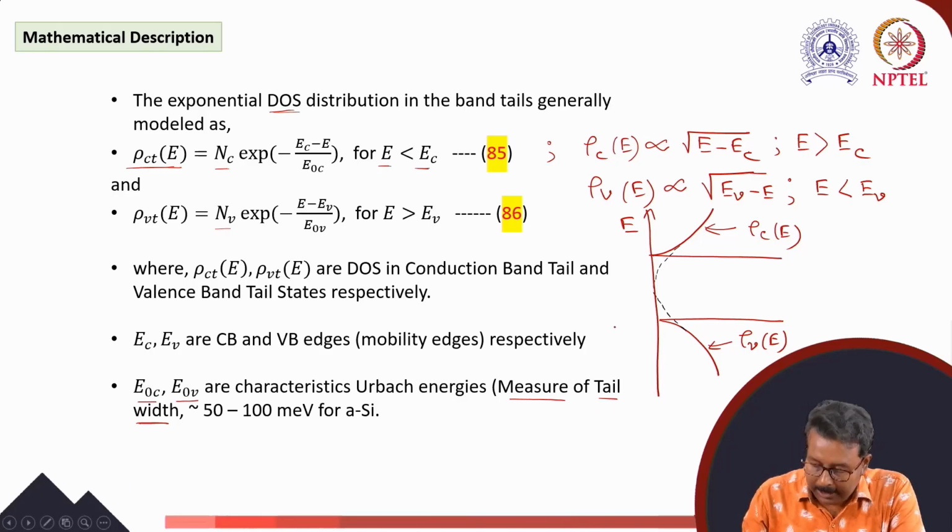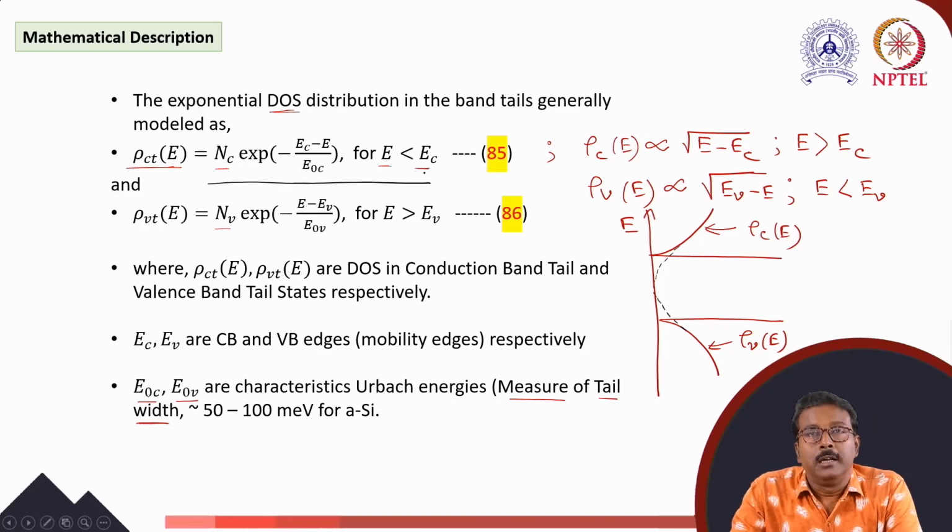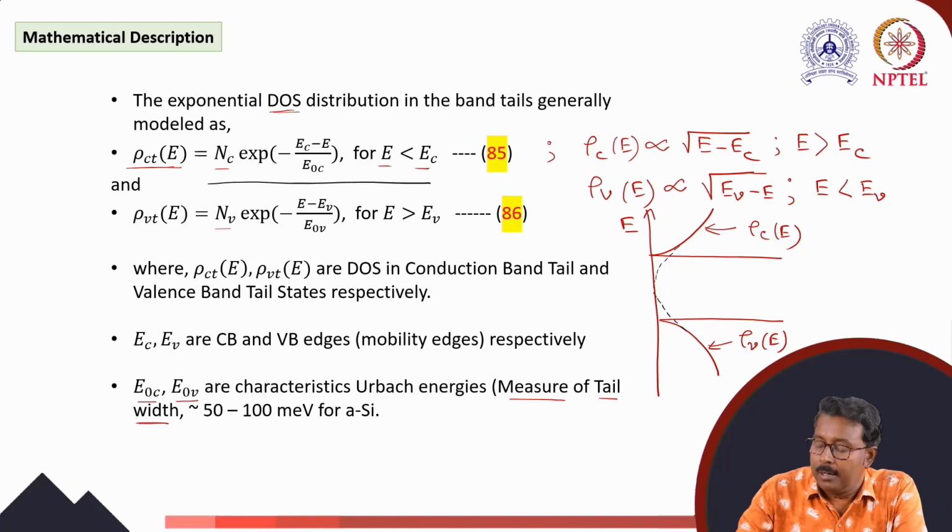So the exponential nature of these band tail states is different from the nature of the density of states for E greater than EC.